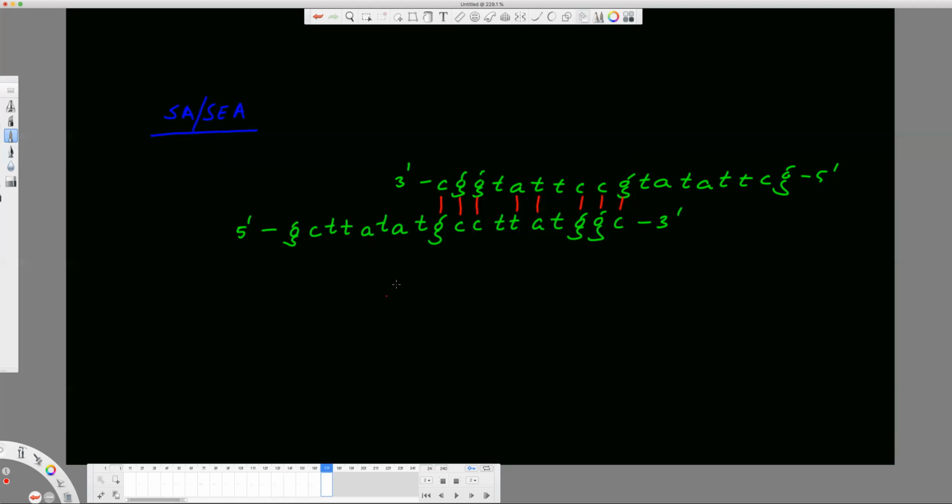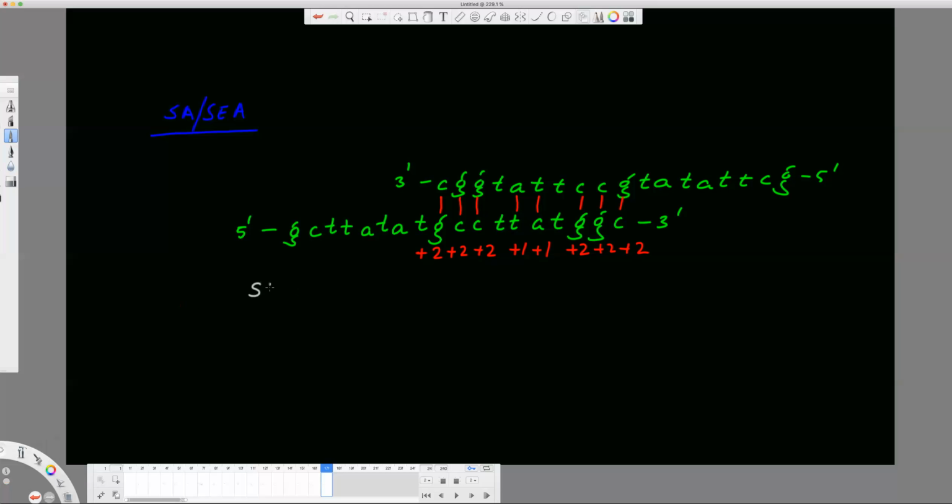Now for every hydrogen bond between C and G, we give a penalty of +2. Okay. So here this is going to be +2, +2, +2. And for every A and T, I say +1, +1, +2, +2, +2. So this is going to be my SA score.